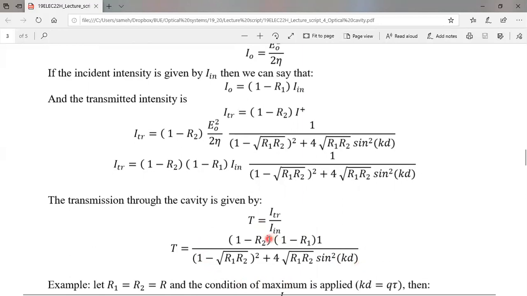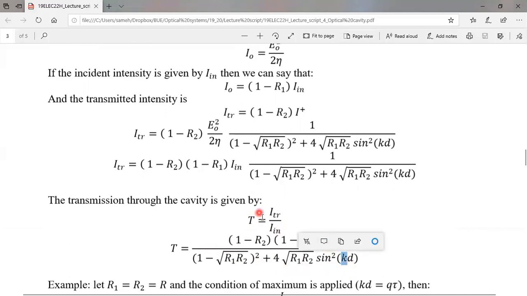Let's say R1 is equal to R2. I'm sorry, this one of course is a dummy one, it has no meaning. If R1 is equal to R2, then this is 1 minus R, then in the denominator you will have 1 minus R whole square. What about the denominator? Here R1 is equal to R2, so this is the square root of R square, which is R, so you have 1 minus R all square plus 4R sine square kd.